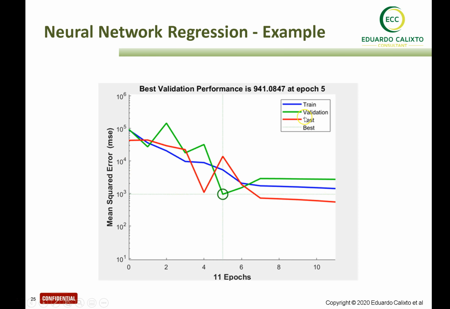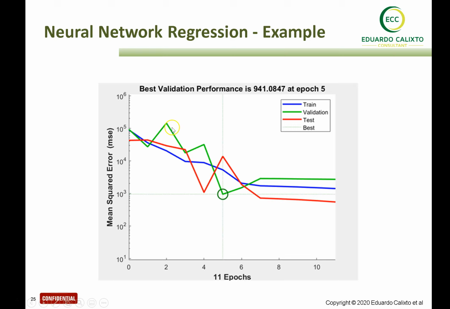And then of course I have another curve here for the test. I achieved the minimum error at 11, similar to the training, and all of them are described here. The validation is here, the test is here.